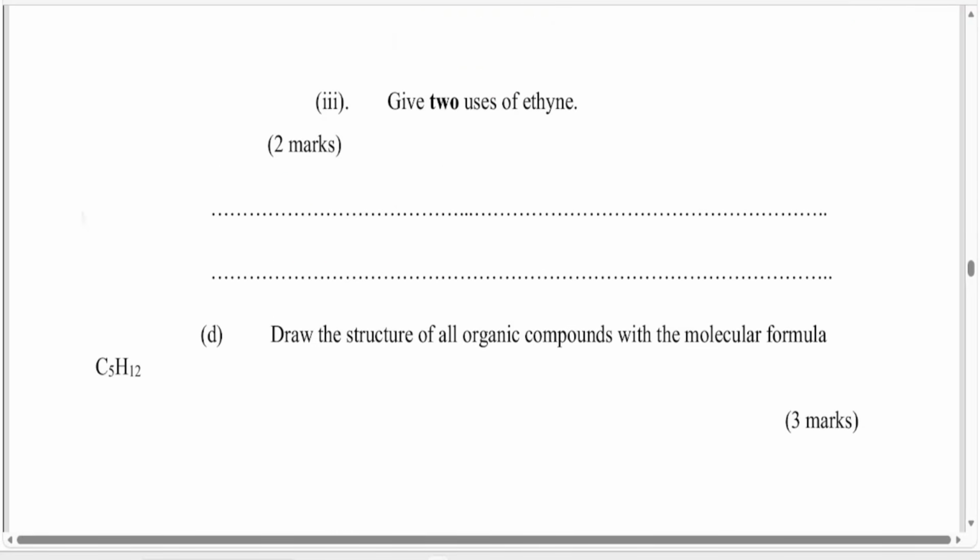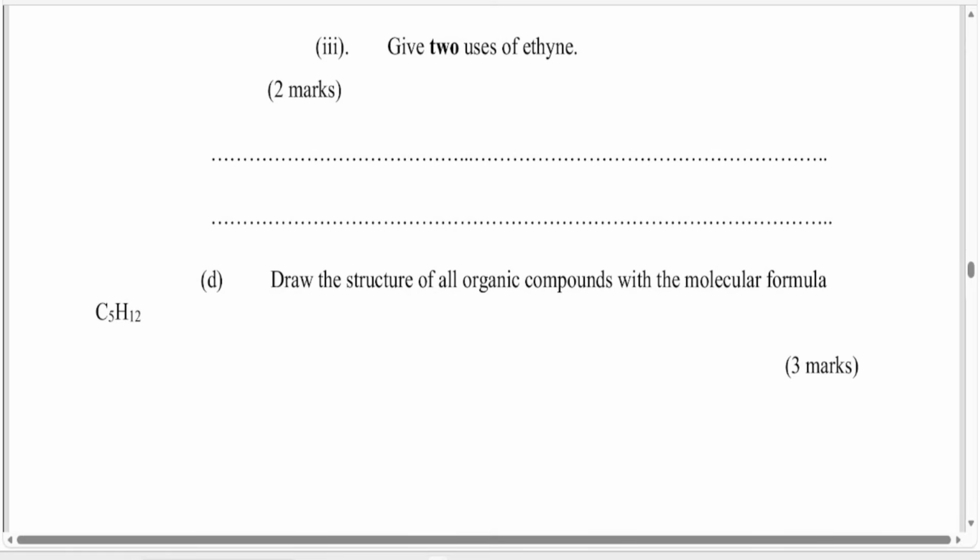Next question. Give 2 uses of ethyne, which is the first alkyne. Ethyne is used in welding and cutting of metals.